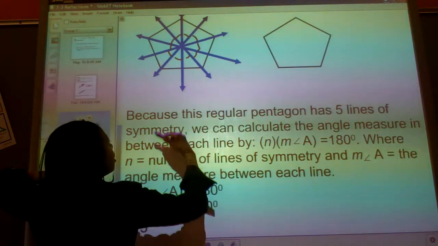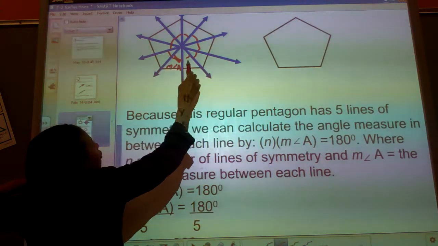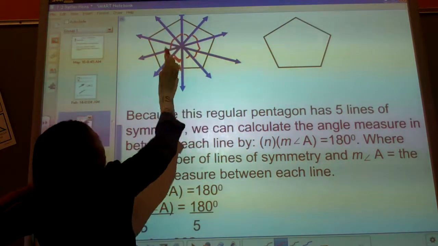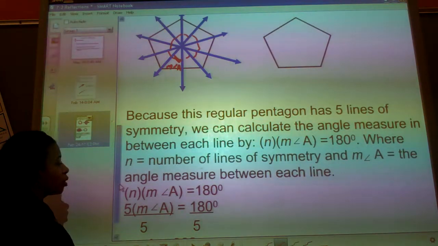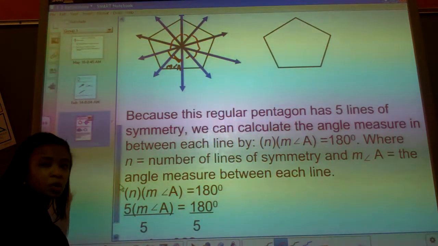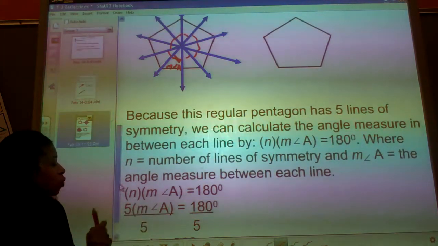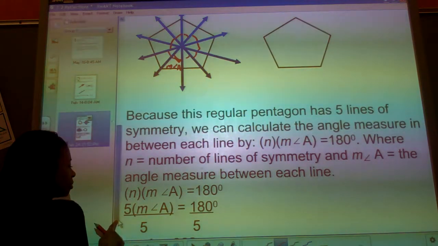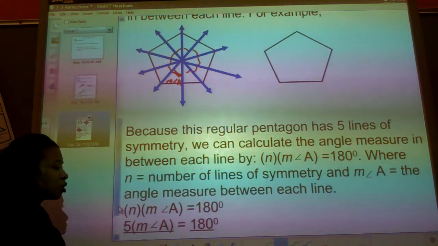So this is the measure of angle A. All of these are the same exact measure, and they're all considered the measure of angle A because they're going to be the same value. Here's the equation. N times the measure of angle A equals 180 degrees. Now by substitution, n is equal to 5. We're solving for the measure of angle A. And we set it equal to 180 degrees.